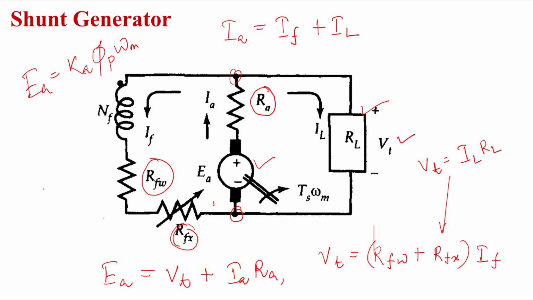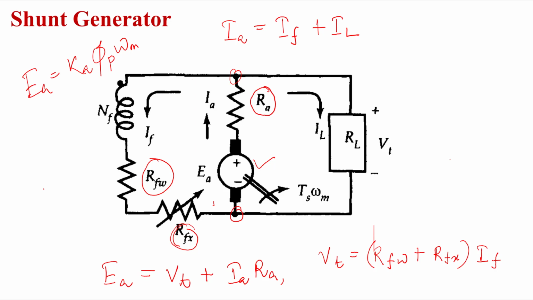There will be no current through the field winding, right? It is possible only if there is residual flux in the field. Unless there is residual flux in the field, it cannot develop voltage.